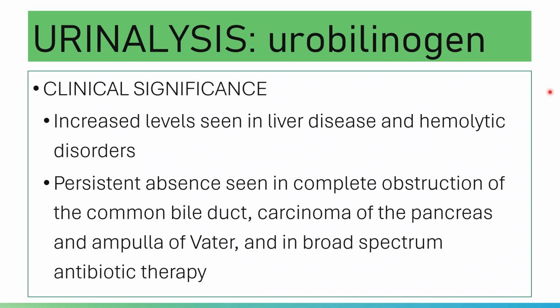Aside from that, carcinoma of the pancreas will cause obstruction also. Carcinoma of the pancreas as well as carcinoma of the ampulla of Vater will cause obstruction of the outflow of bile.